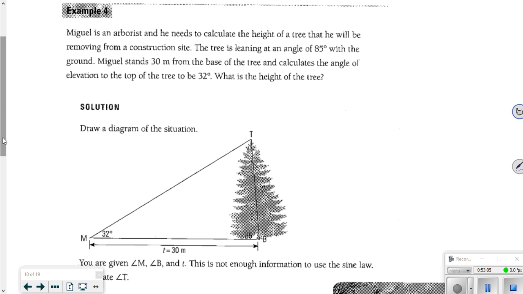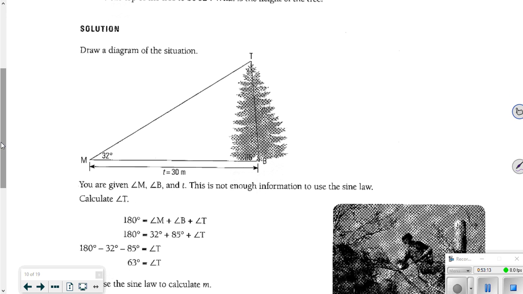So if that was all it had given you, the first thing you would need to do would be to draw a diagram. So you draw a little tree, it's leaning at an angle, and we know that angle that it's leaning at is 85 degrees. This is not a right-angled triangle because it's not perfectly straight up and down. We can't use SOHCAHTOA. We know that Miguel is standing 30 meters away from the tree.